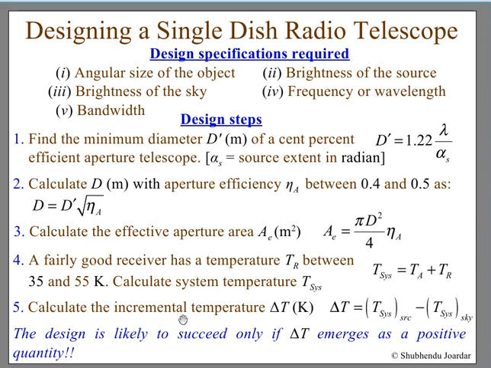We are just trying to see it by hand, on pen and paper. You can calculate this, and you can tell, yes, my system will work. It will be able to receive that one. But further things, like actual system temperatures, we will see in the receivers of radio astronomy, which I will be talking about in a couple of lectures from now.